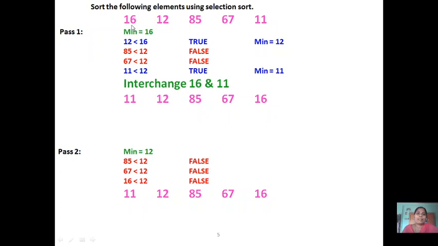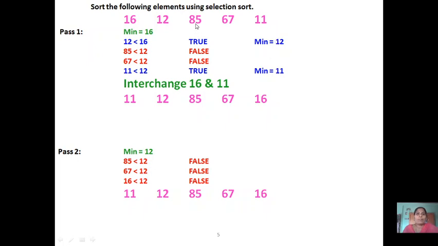Here these are the elements: 16, 12, 85, 67, 11. We consider 16 as the minimum element and now we have to confirm whether it is the minimum element or not. So we will be comparing with all the remaining elements in the list. We are comparing with 12. 12 is less than 16, so you say the minimum value is 12.